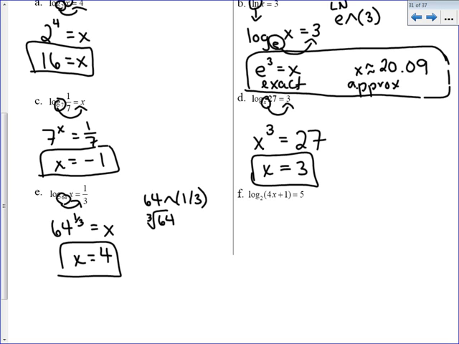And last but not least, log base 2 of 4x plus 1 equals 5. So I'm going to start with the rewrite. Base is 2. Exponent's 5. And that equals what I'm taking the log of, which is a binomial, 4x plus 1.